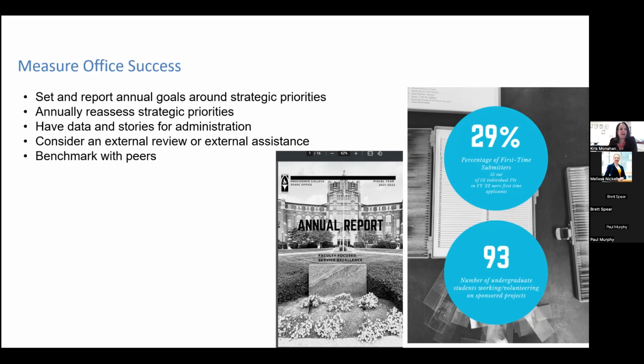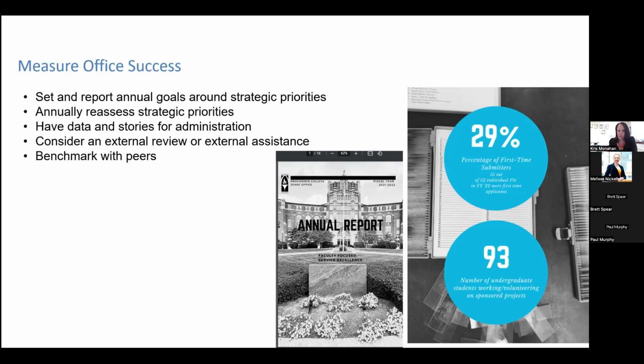And I have not just quantitative data, but stories for administration on the difference that the research has made and the difference that the students working with the faculty have made, so that we continue to get the investment in the research infrastructure we need, because that investment is what's really going to fuel growing those research dollars.